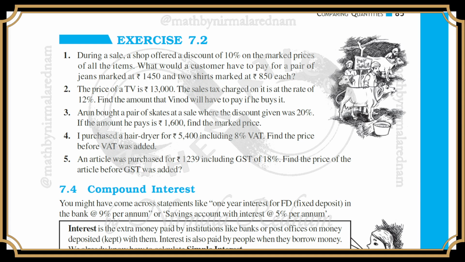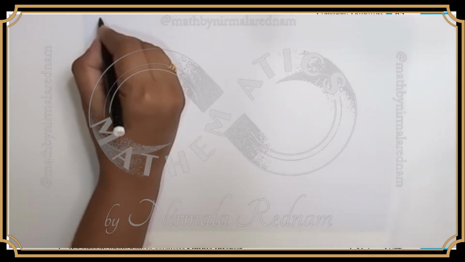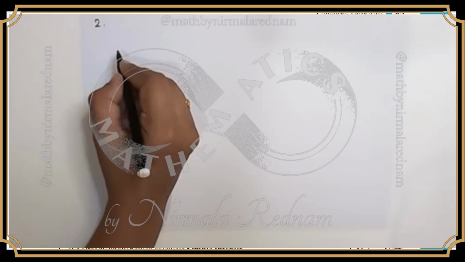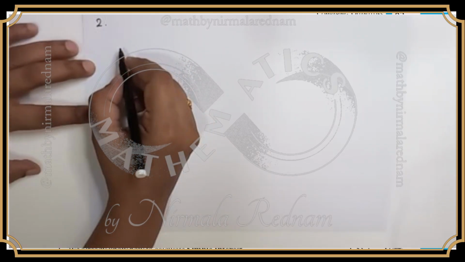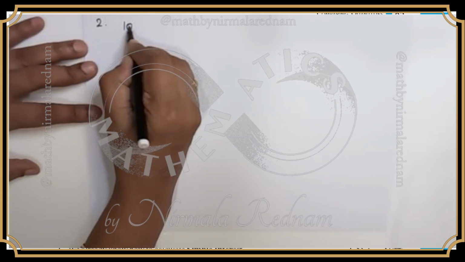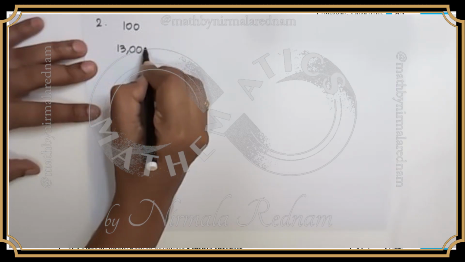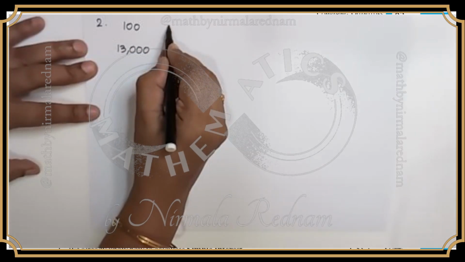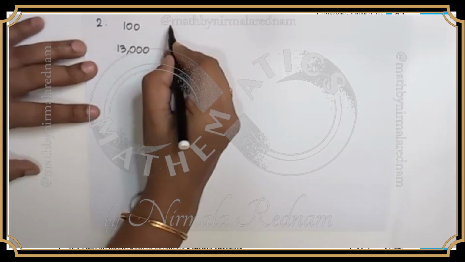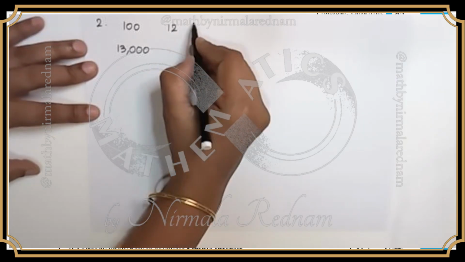So you are simply going to take the price, 13,000. In the percentage world, 100 is my 13,000. Why? Because the tax is charged on this, right? And what is the amount charged? 12%.